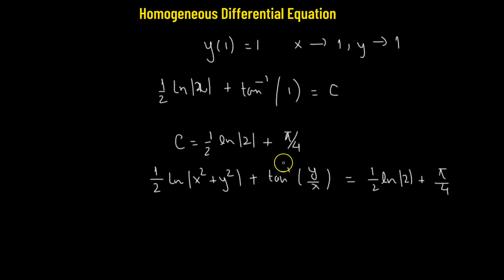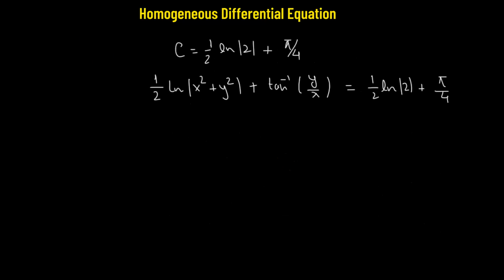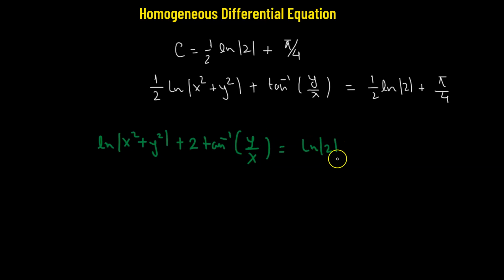All we can do is multiply throughout by 2. So this will now become natural log of x squared plus y squared plus 2 times the inverse tangent of y over x equals log of 2 plus pi over 2. So this is the required solution to the given homogeneous differential equation. Thank you.